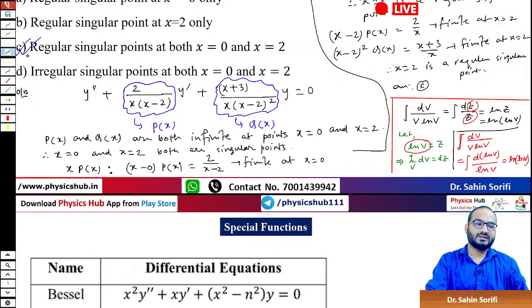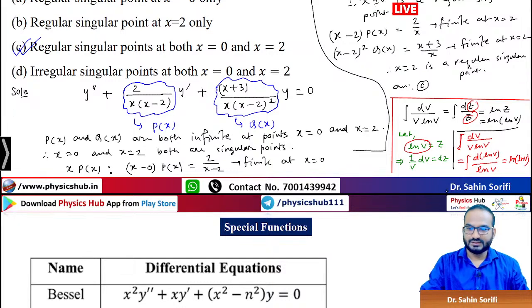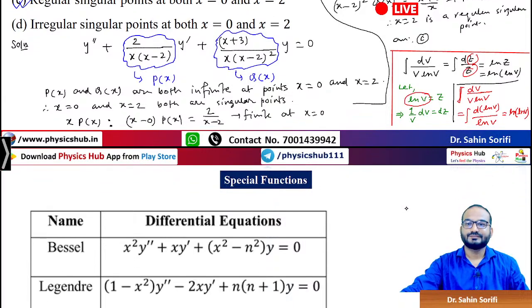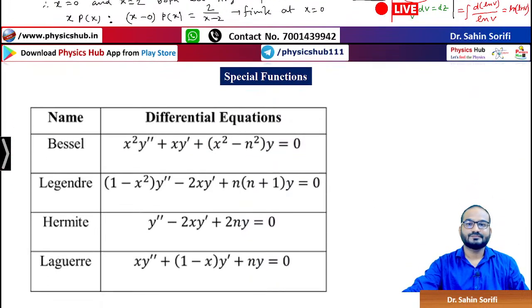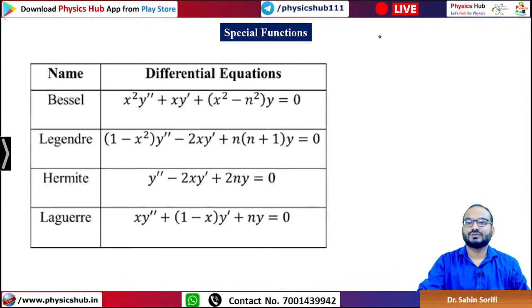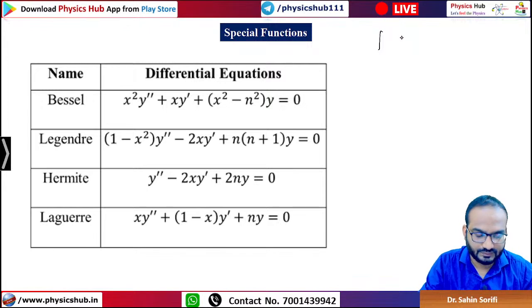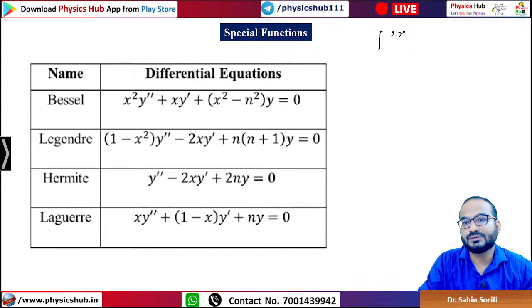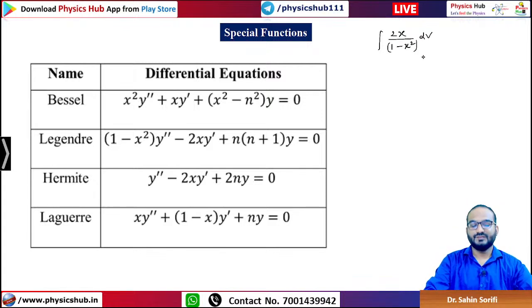So this is a technique which you can understand. And for the other thing, let's take another example. Integration of 2x by 1 minus x square dx. This is the integration you need to do.